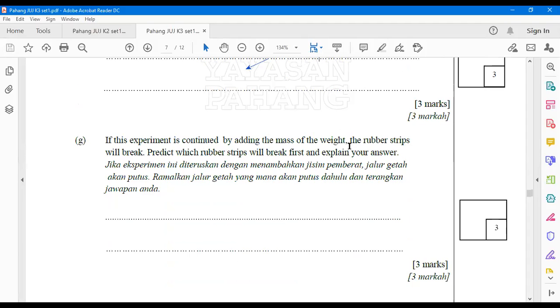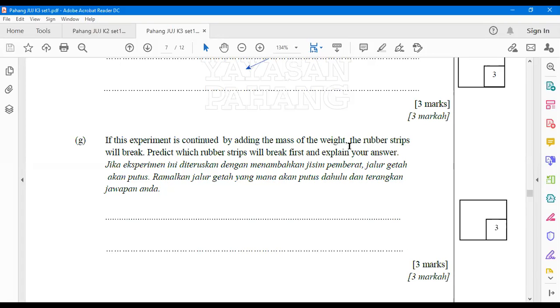Why will it break first? Refer to the aim of the experiment. Our aim is to compare the elasticity. So why does it break? Is the word strong mentioned in the aim?